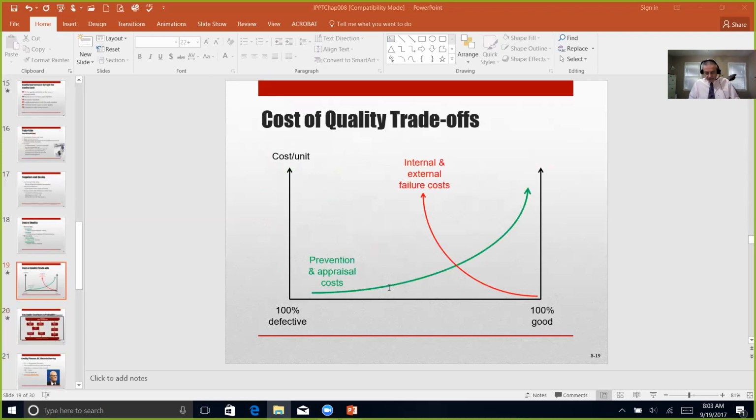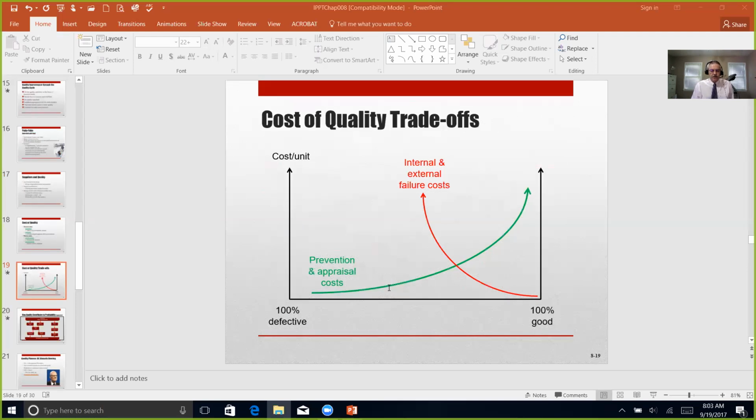And there's a trade-off that's going to exist between the control costs of prevention and appraisal and the failure cost categories. And this figure 8.5 suggests that there's an optimum quality level that may not be 100% perfect, but yet quality management stresses continuous improvement by finding ways to shift that curve for prevention and appraisal to the right over time, allowing quality to improve through more efficient and preventive appraisal activities.